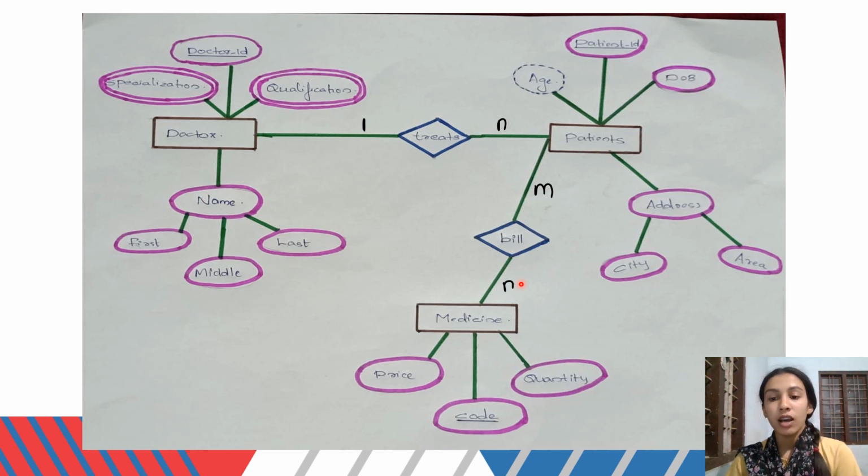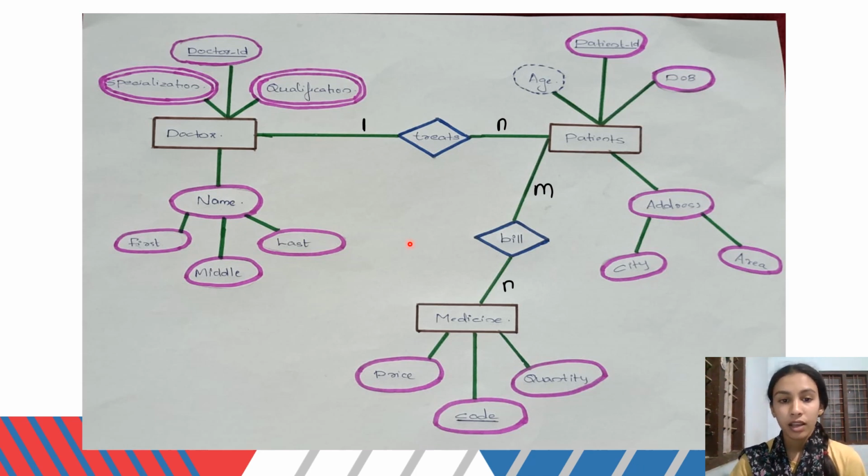A patient can have multiple medicines, so he has to pay for those medicines, and there can be many patients having many medicines, so it is a many-to-many relationship.